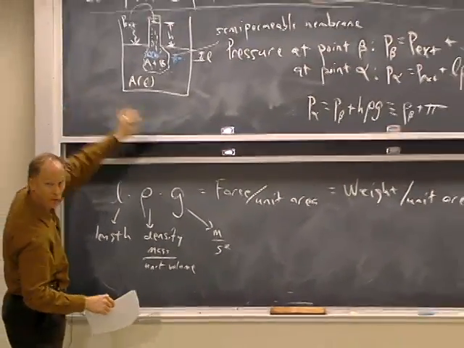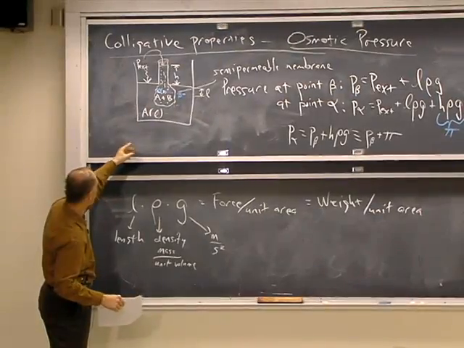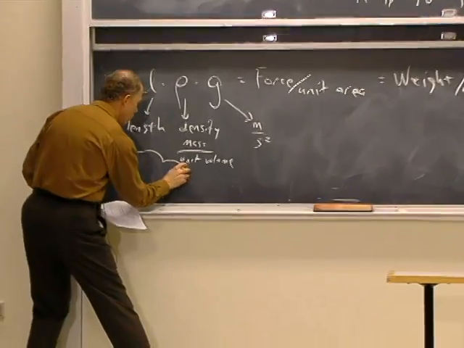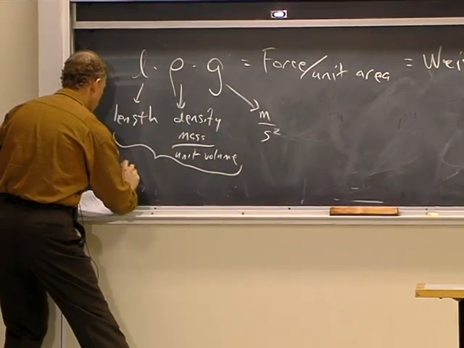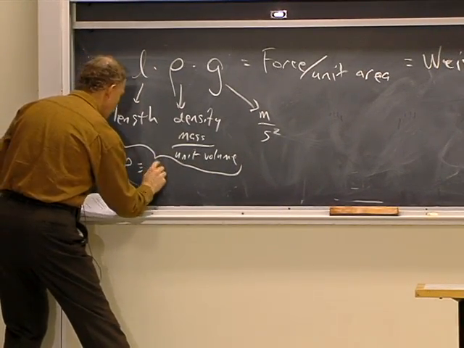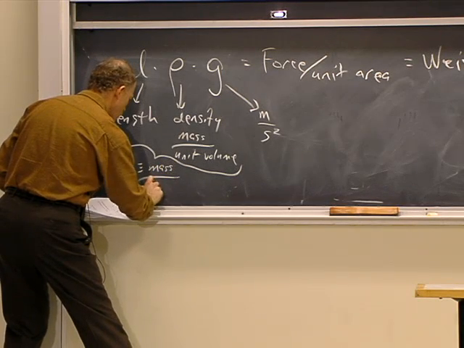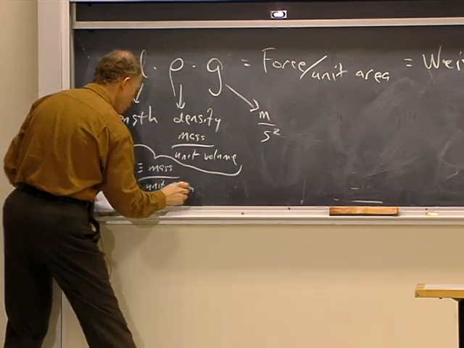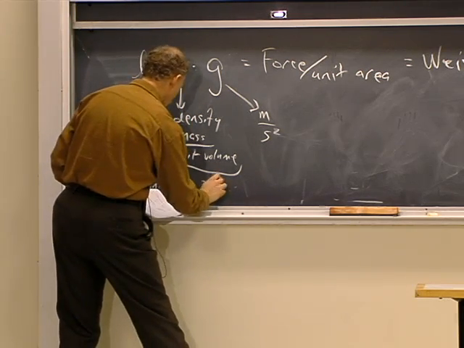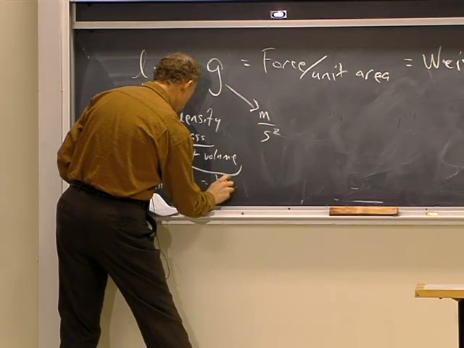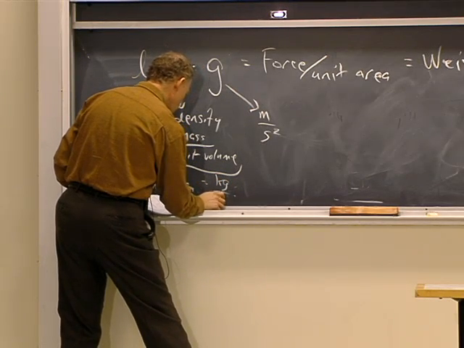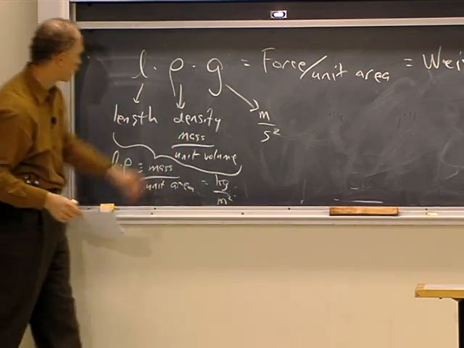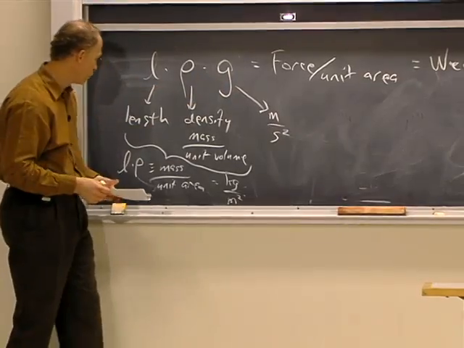It's distributing across the area of that surface where point alpha is, right? So these two together, L times rho, give us mass per unit area, right? So it could be in units of kilograms per meters squared. And now we're going to multiply that by the gravitational force constant.